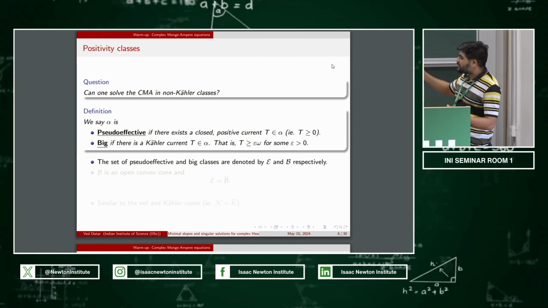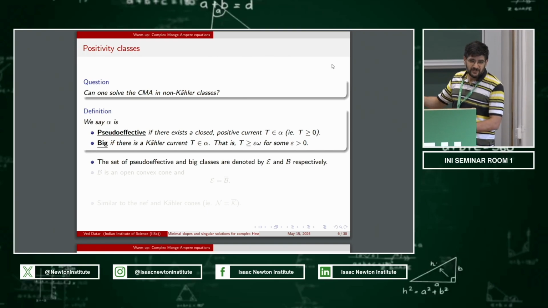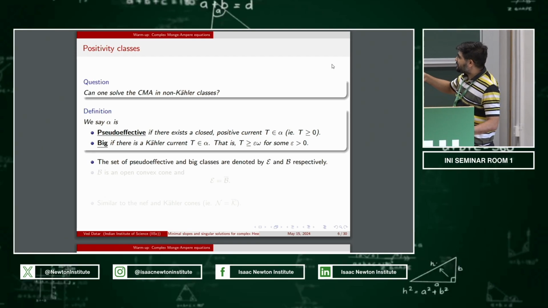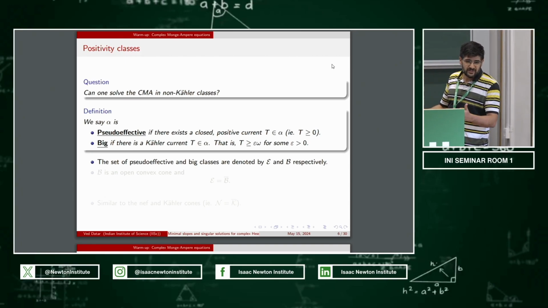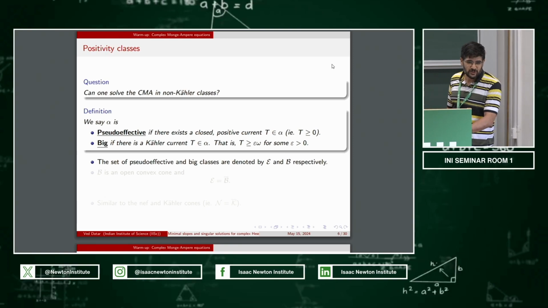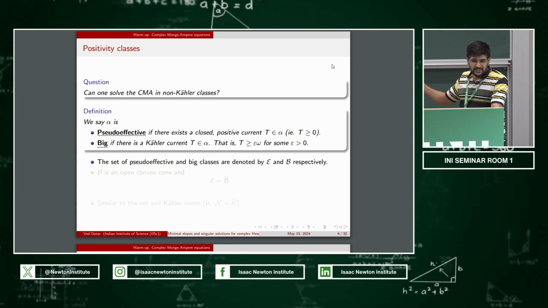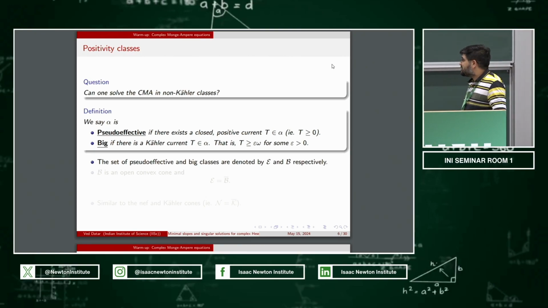It's just that you replace omega by some Hermitian positive form. Many of these things that I'm going to say also probably make sense for manifolds of Fujiki class, but I'm not sure. Anyway, this definition just requires a compact complex manifold.